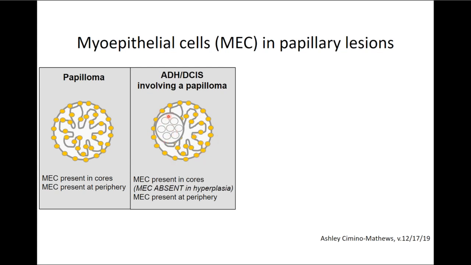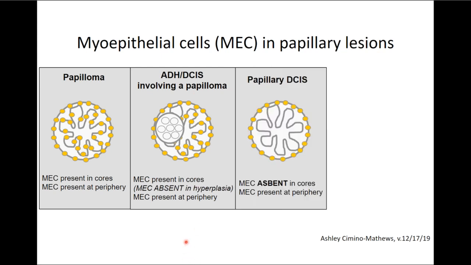Notice that wherever the hyperplasia is located, there will be an absence of myoepithelial cells there because that atypical lesion is expanding and pushing away, if you will, the normal underlying architecture. All right, but within the fibrovascular cores, you'll still see those myoepithelial cells. That is atypical hyperplasias or carcinoma in situ involving an underlying papilloma.